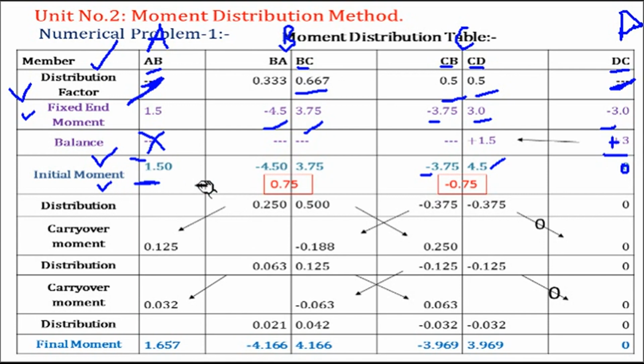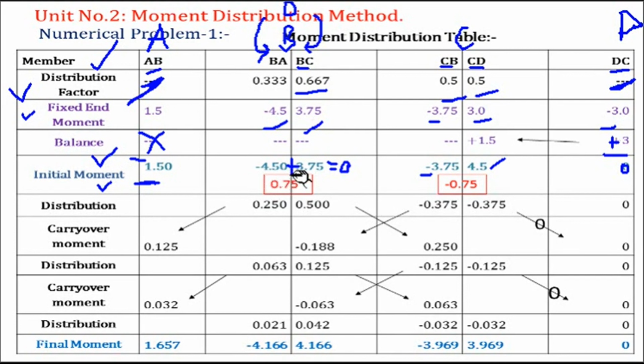Now look at the intermediate joint. At the intermediate joint B, to maintain the equilibrium, the addition of these two moments should be equal to 0. Whatever the moments coming from the adjacent spans, their addition should be equal to 0. Then only the equilibrium will be maintained. So let's check.